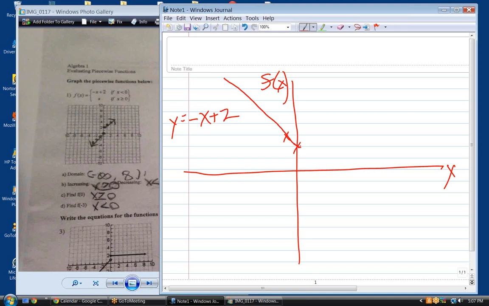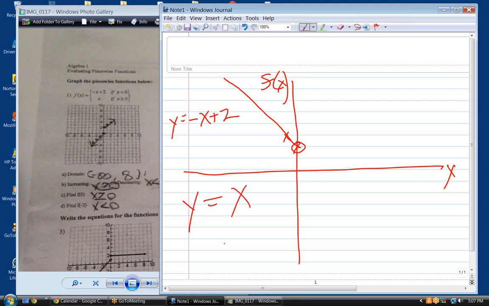Is it a closed or an open dot here? Open, for the moment. It may turn into closed depending on what the rest of the function looks like. Now look down here: whenever x is positive or equal to 0, we graph everything to the right of the y-axis. f of x is equal to x.